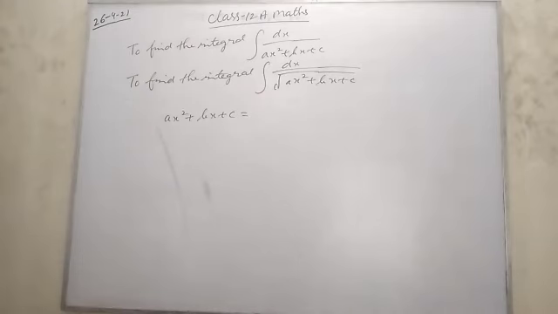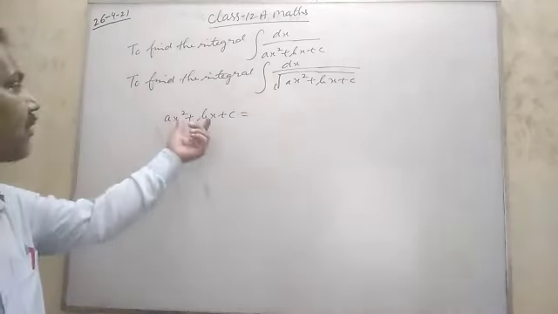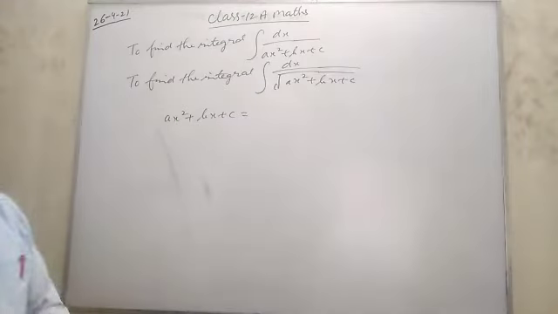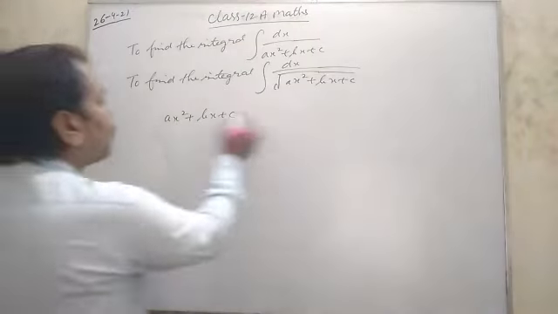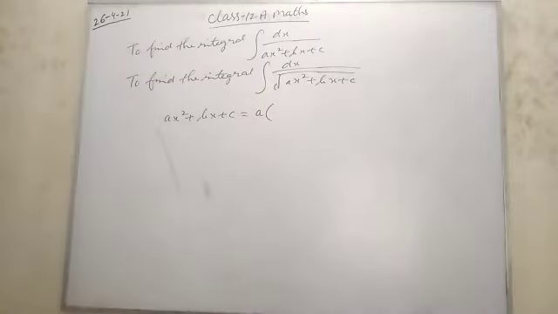Means by completing the perfect square, you convert it in that form. So how to convert it? Take a common. In class 10th you have studied, if any quadratic polynomial is given, then how to find its factors by the completing perfect square method.